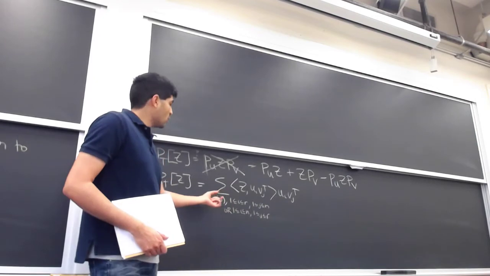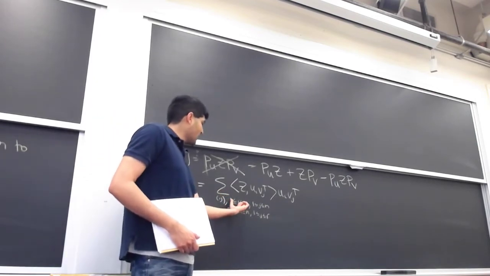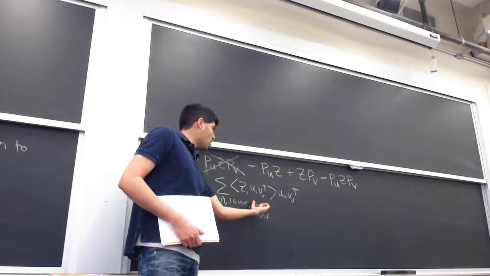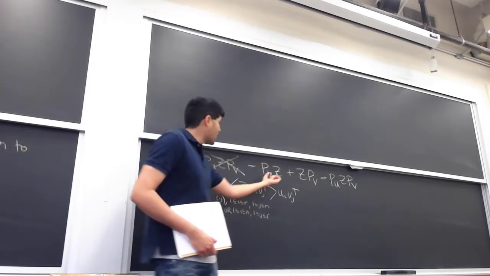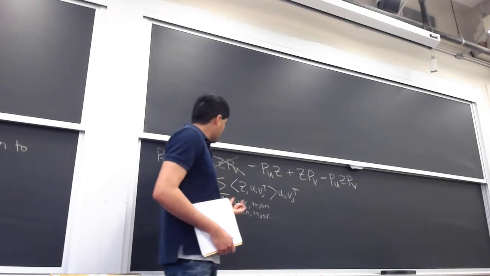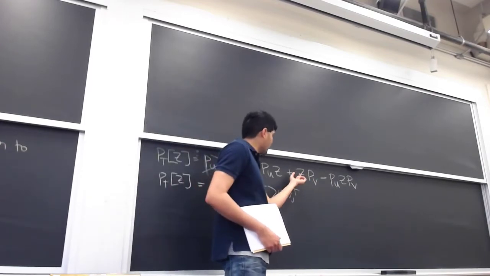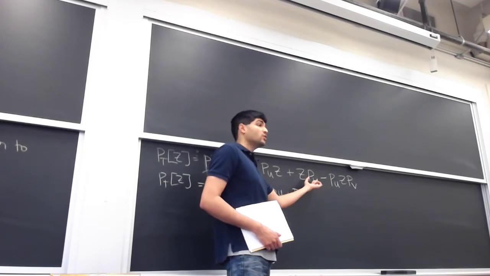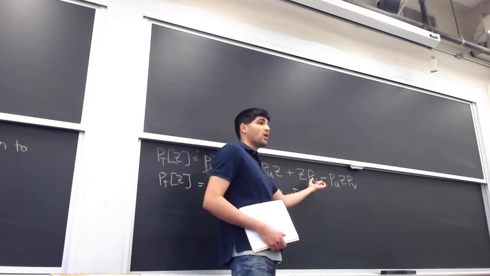Now the important thing is, if I did the same trick of collecting together the u_i's, I can collect together all the u_i's from 1 to r and all the v_j's, and I can do the same thing where I collect together all of the u_i's from 1 to n and the v_j's where j ranges from 1 to r.